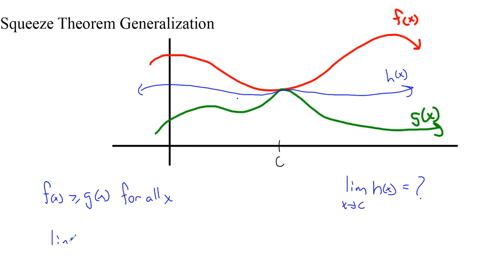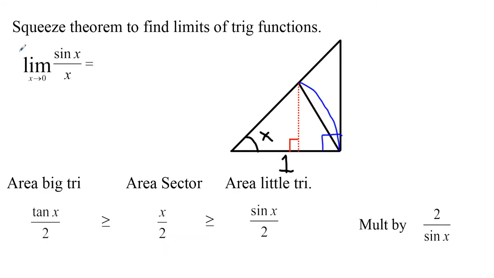And we know that the limit as x goes to c of f of x is some value L, and the limit as x goes to c of g of x is also that L. If h of x is always between these two functions, then since these two limits are equal and h is always in between the two, we can make the conclusion that the limit as x goes to c of h of x is also L.